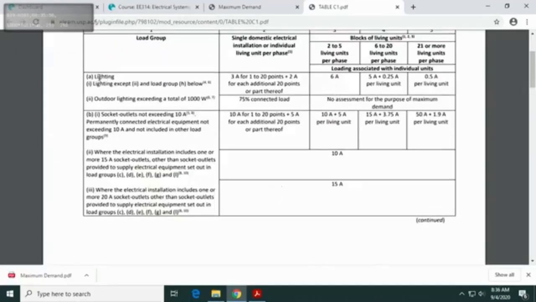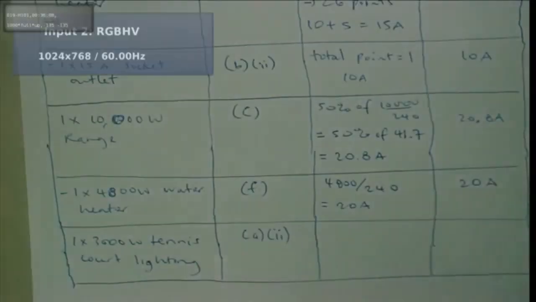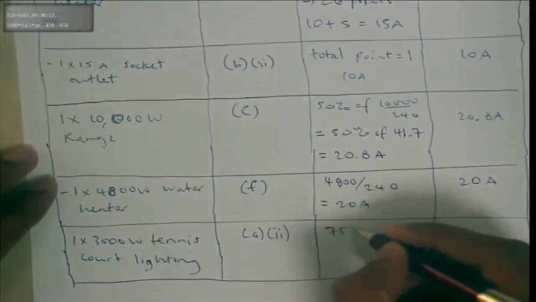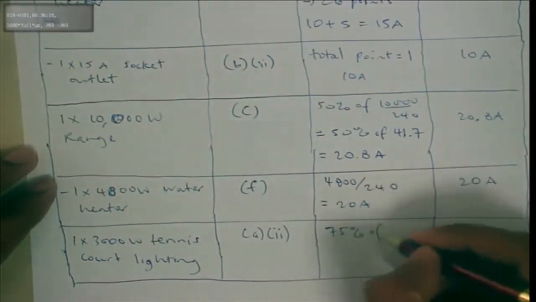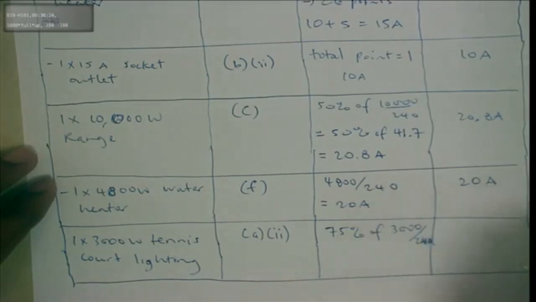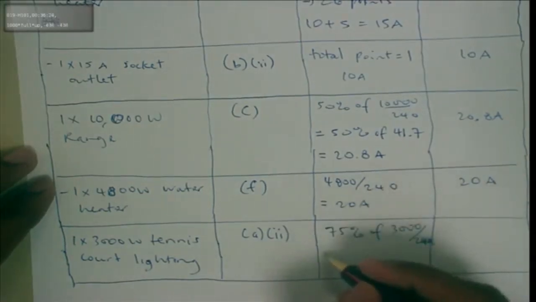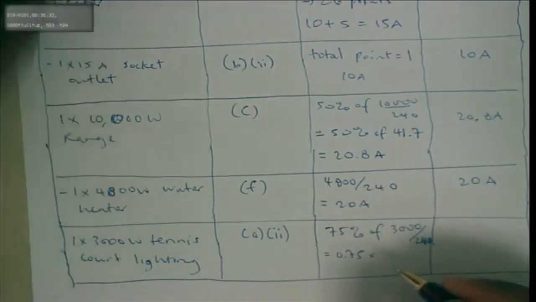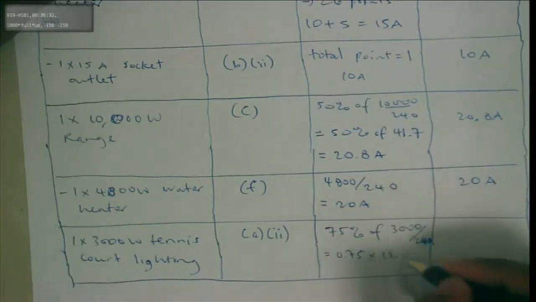So here A2, this is 75% connected load, right? So this is 75% of 3000 divided by 240, which is 0.75 times, I think we calculated before, it's 12.5.